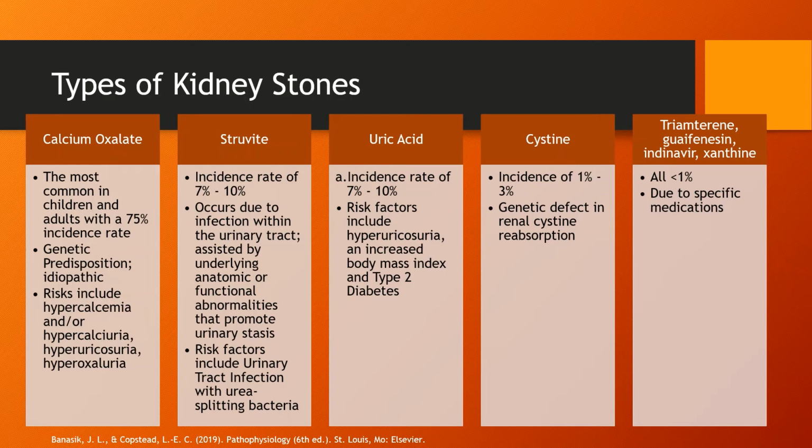The last two types, cystine and the following one, are the least common ones. They're typically associated with family defects, and then the last one, where it's just all but 1% of incidents, is mostly due to a specific type of medication someone's taking.